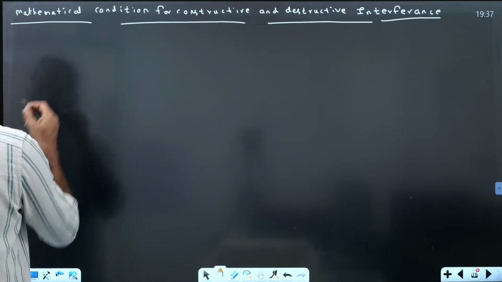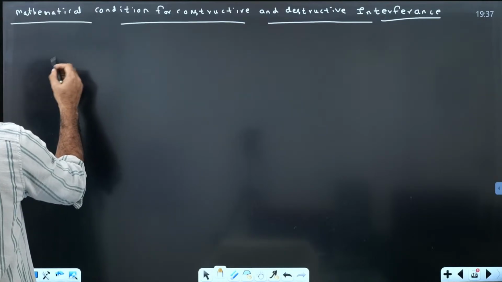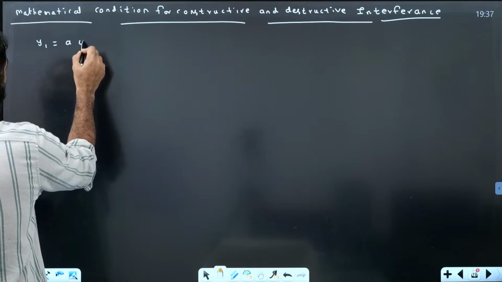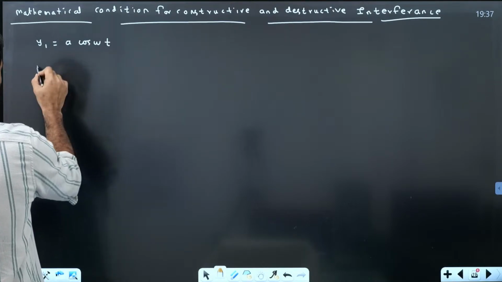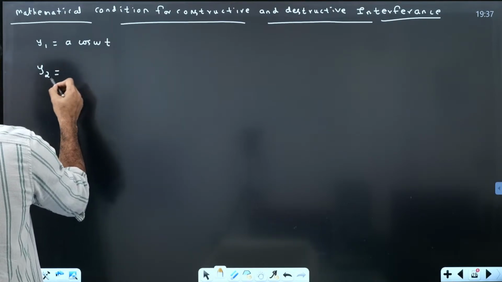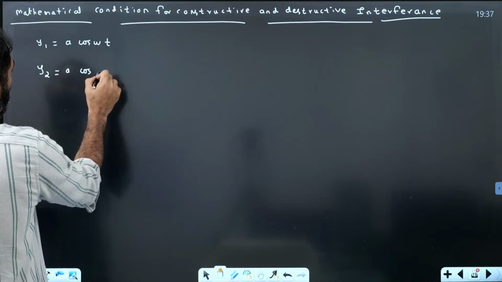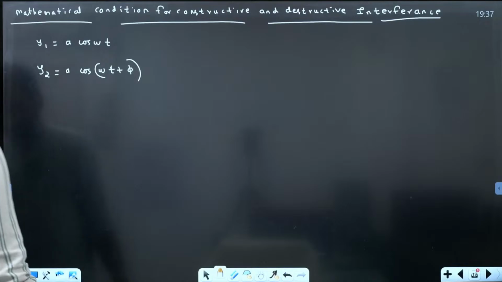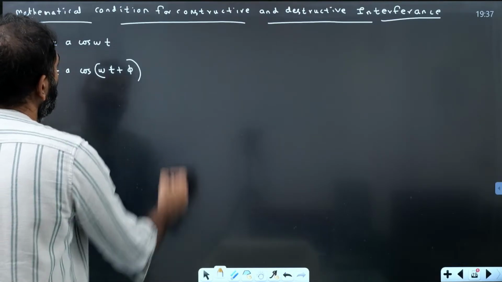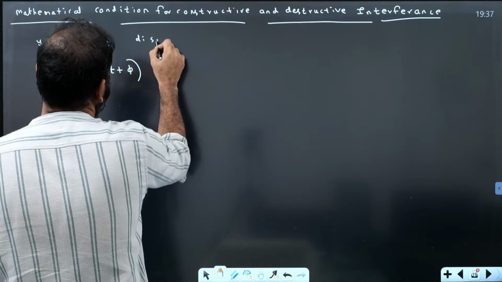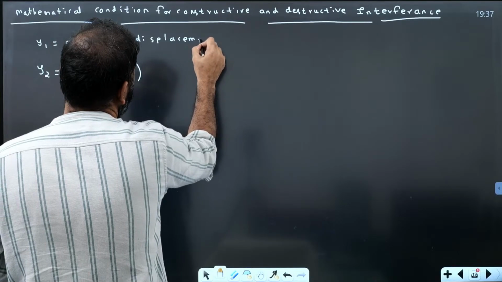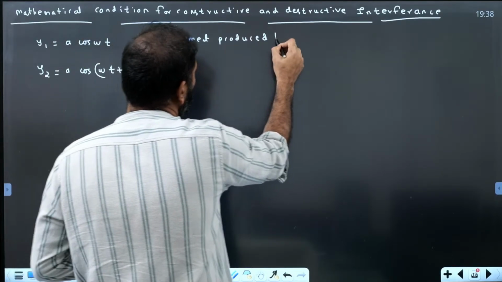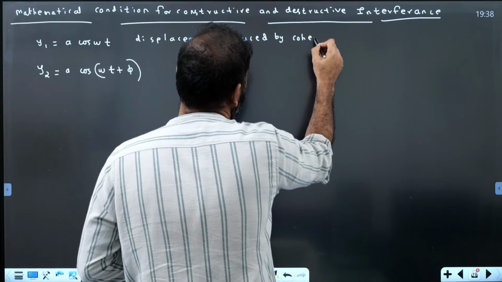Let y1 is equal to a cos omega t, the first wave displacement, and y2 is equal to a cos omega t plus phi. What is y1? Displacement produced by coherent source S1.